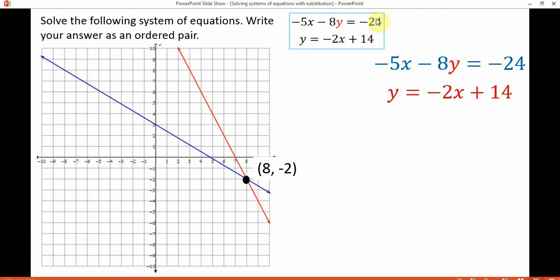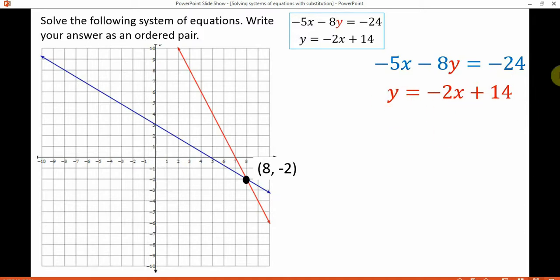So I wrote my original equations up here so I can reference them and know where my stuff came from. And now here I know that y is negative 2x plus 14. Negative 2x plus 14 is the same exact thing as y.